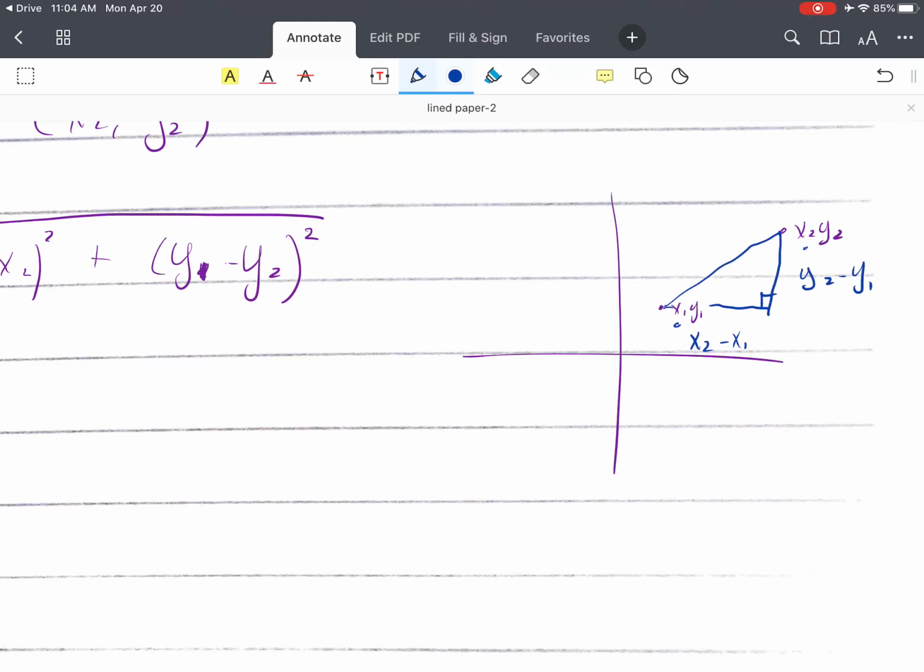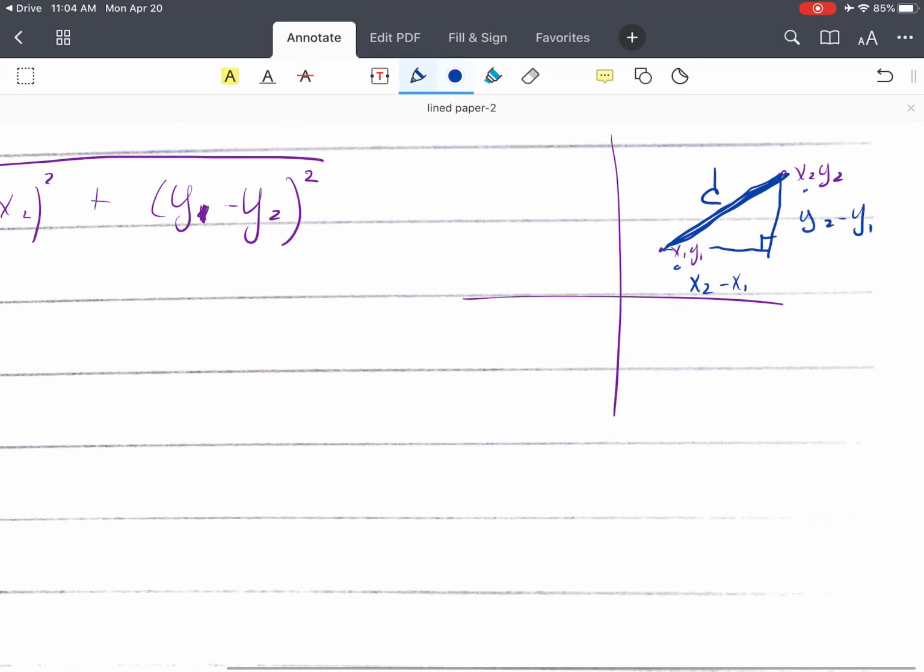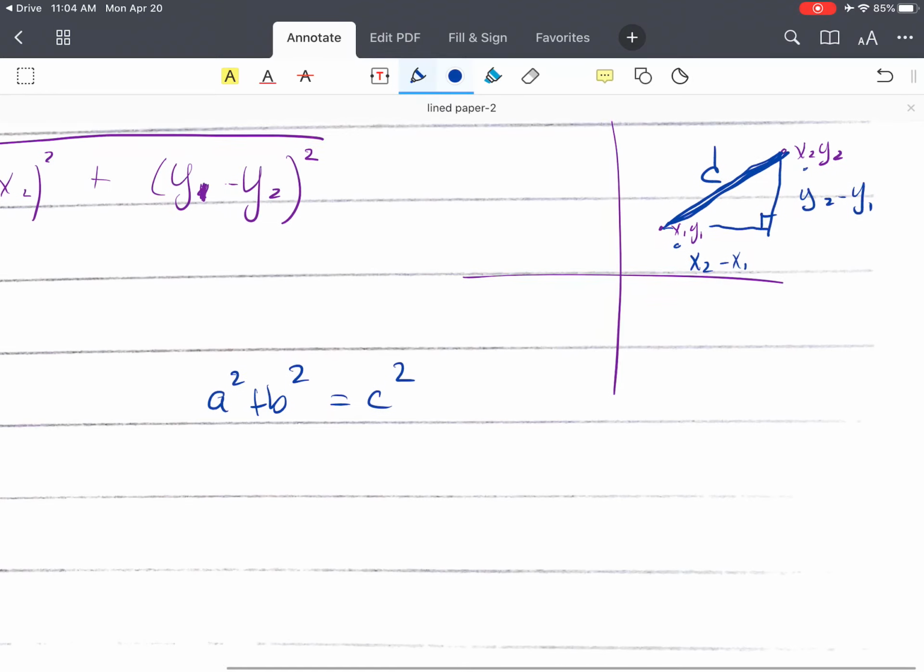This is a right triangle. We have the vertical and the horizontal distance, but we don't know the long side, right? This side over here. So let's call that d for distance, right? Because we want to know what the distance is. So according to the Pythagorean theorem, a squared plus b squared equals c squared.